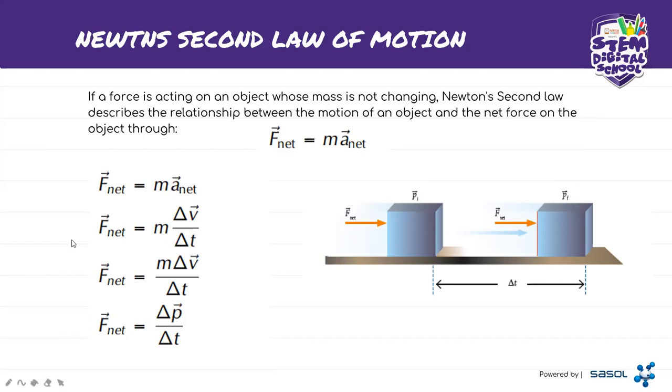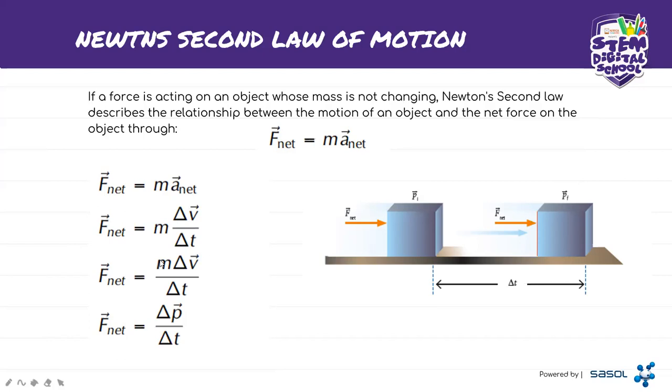So we're going to start here. Force net is equal to mass times acceleration. And we know that acceleration is equal to change in velocity divided by the change in time. And the mass stays the same. Okay?